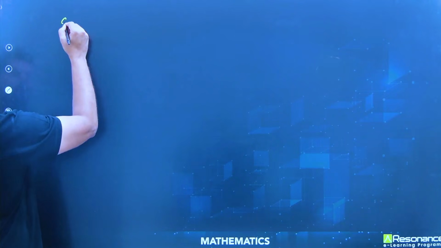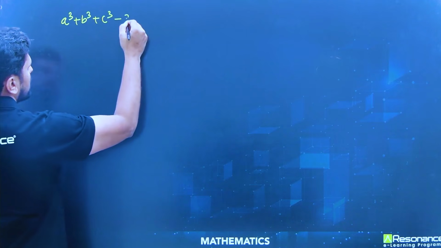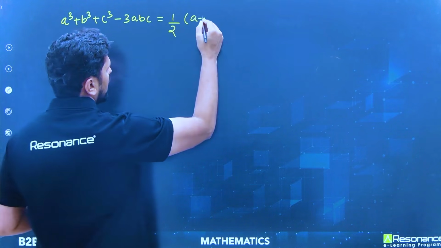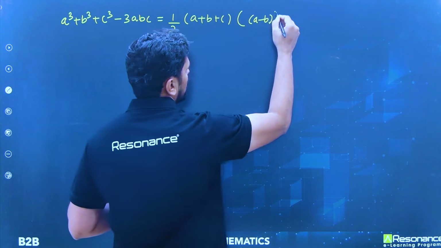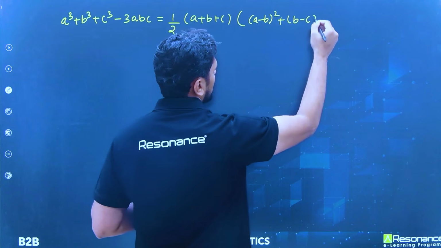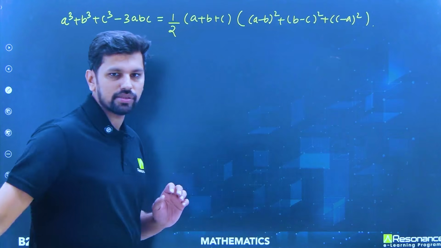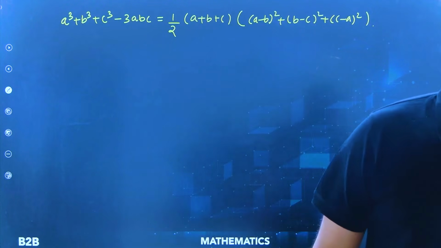We got the formula a³ + b³ + c³ − 3abc as half of (a + b + c) into (a − b)², (b − c)² and (c − a)². We got this formula.